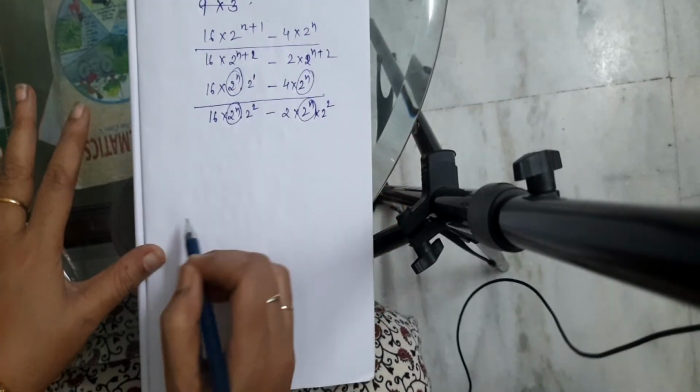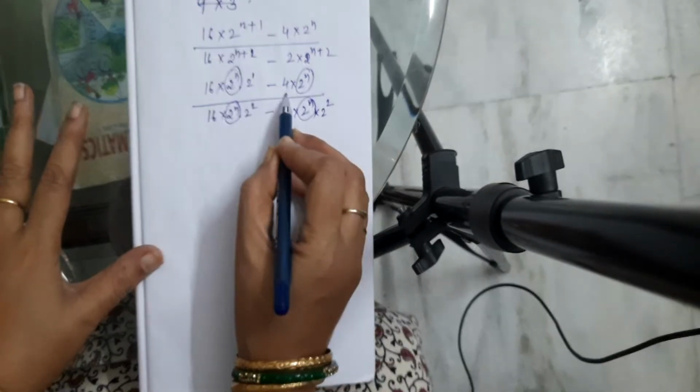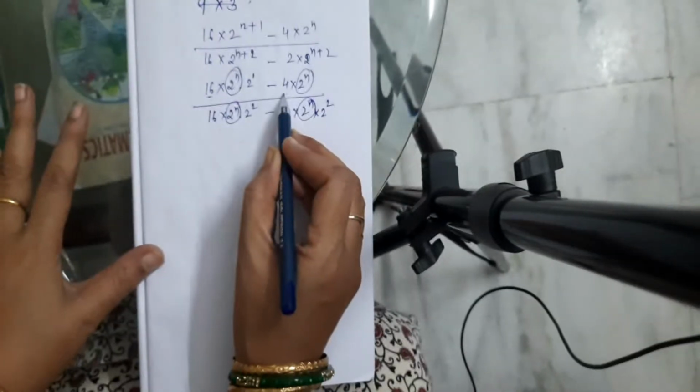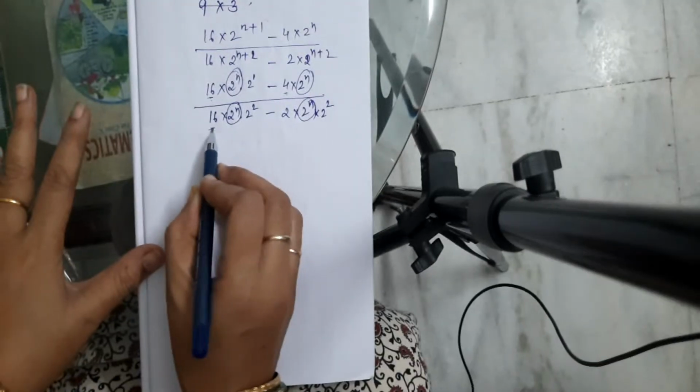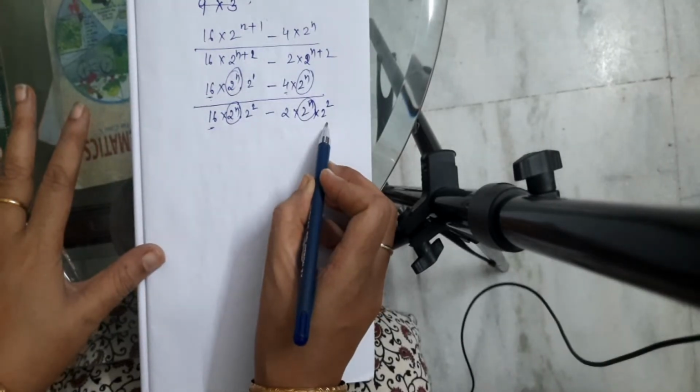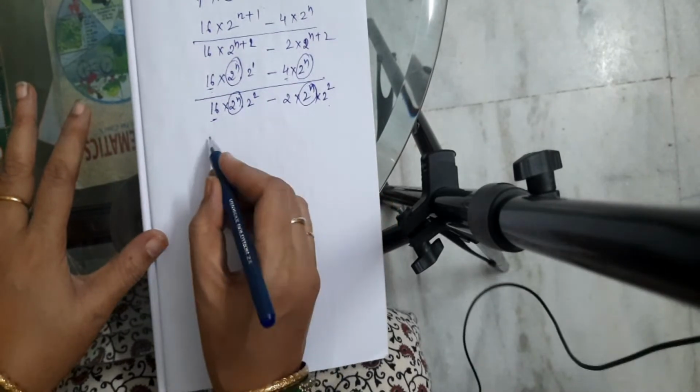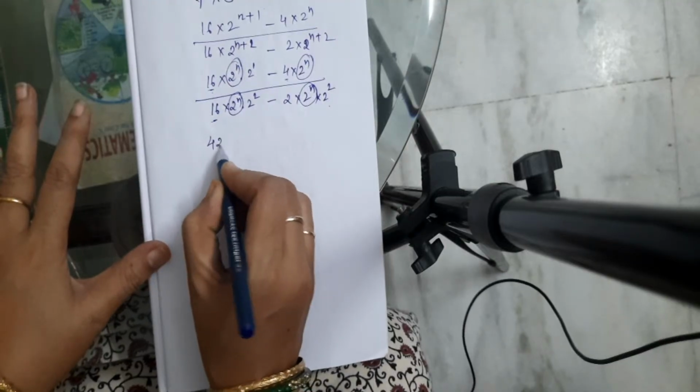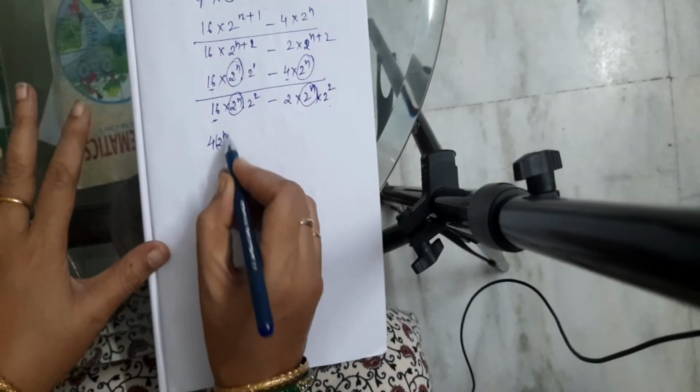Moreover, 4 is also common: 4 fours are 16, and in the same way 4 is common here as well. So let's take 4 and 2 raised to n common.